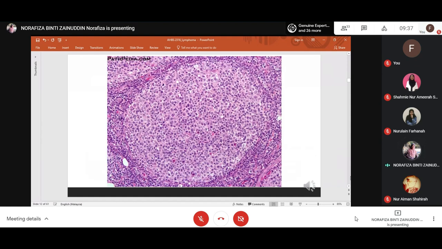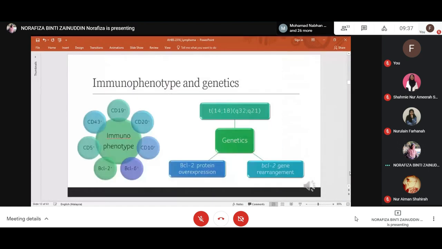This is also another one: a predominant population of larger cells in this neoplastic follicle without any light or dark zones and lack of obvious mantle zone around the follicle. And this is on immunophenotype and genetics of FL. So diagnosis is based on histology of preferably a biopsy of a lymph node.